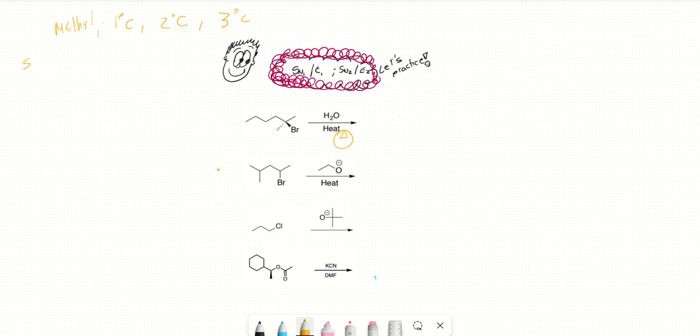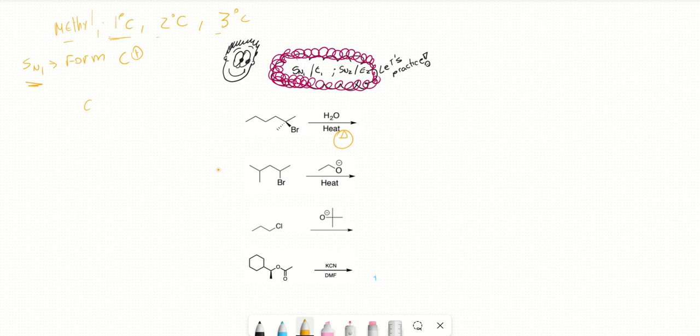Remember that SN1 forms a carbocation, so we need stability. One thing that tells you we will not have SN1 is if the carbon is methyl or primary. It will never happen, because the carbocation will be very unstable.